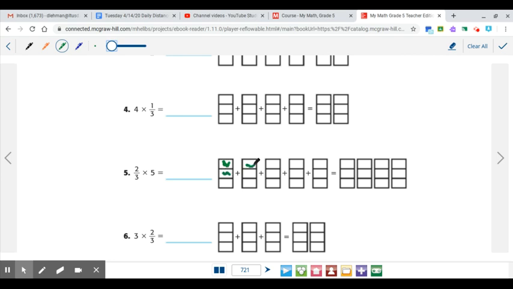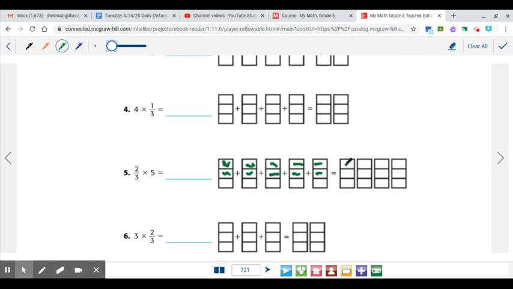So 1, 2, 1, 2, 1, 2, and 1, 2. Okay, so we've colored in 2/3 out of each of these 5. All right, now we have to just count 1, 2, 3, 4, 5, 6, 7, 8, 9, 10.